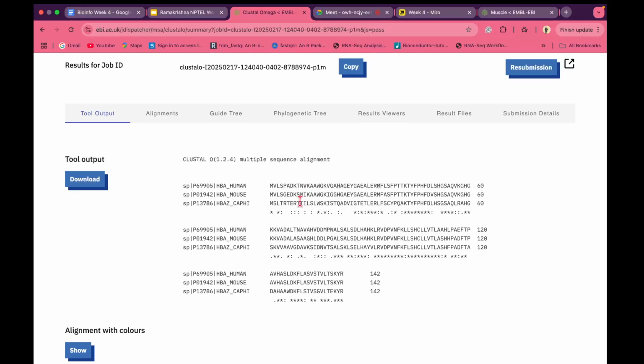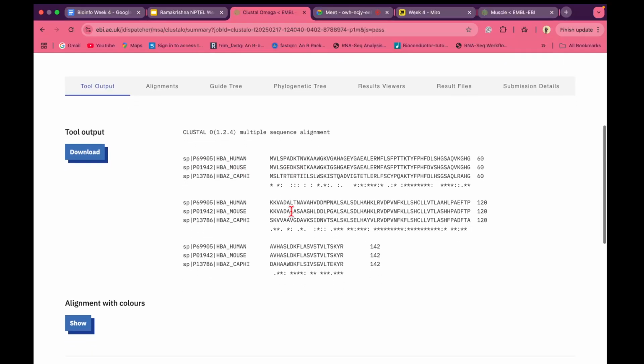So this is the multiple sequence alignment. The sequences are aligned.